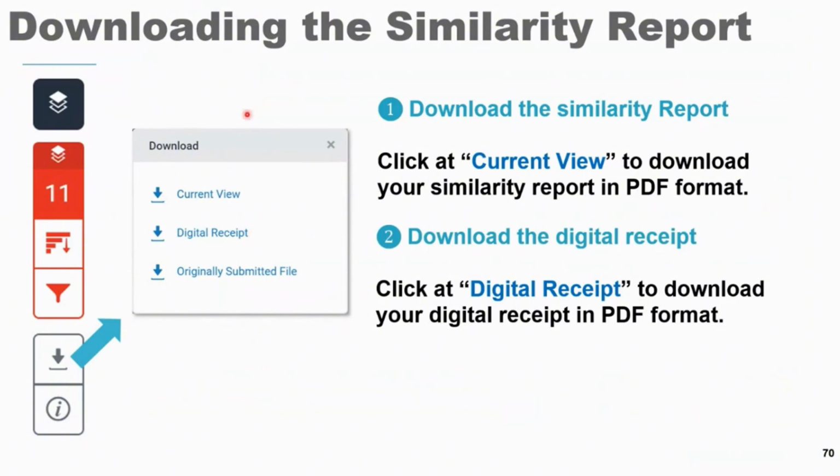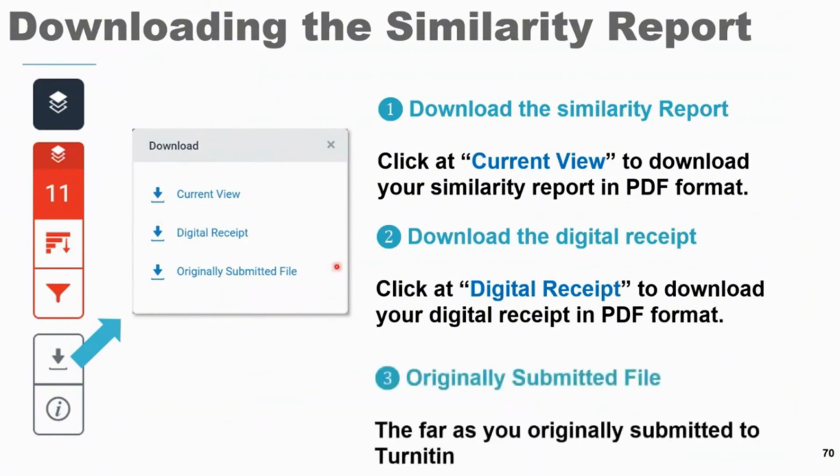After you click that, you can see there are three options. The first one is to download the similarity report. Click on current view, and you can download the similarity report in PDF format. The second one, the digital receipt, is one page of PDF containing the information of the paper, like author, word count, upload time. The third one will be downloading the original submission file.